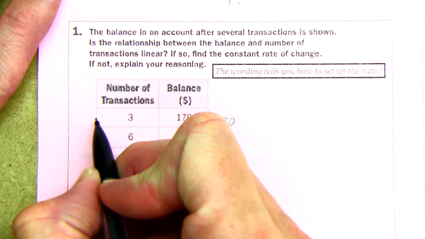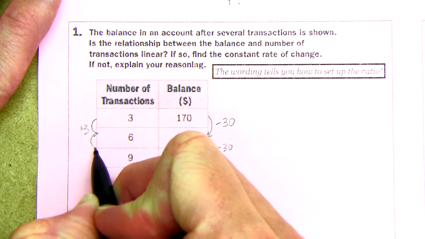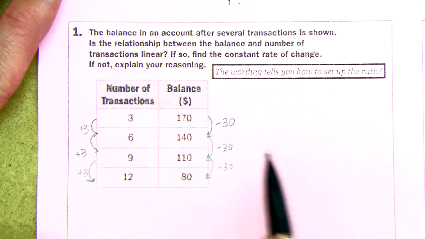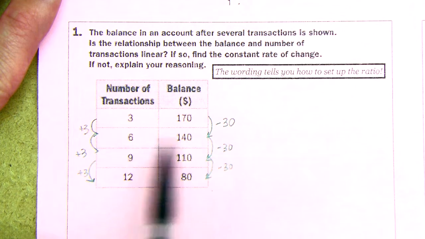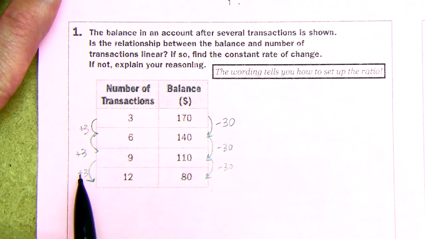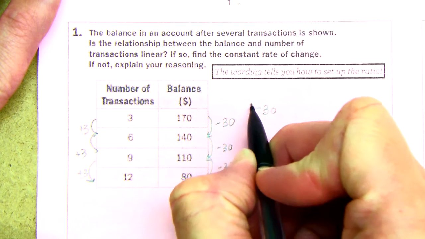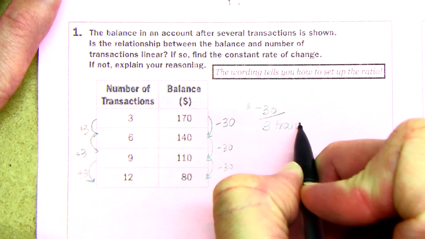That's the X, but it's going to go on the bottom. That's plus 3, plus 3, and plus 3. Is it a constant rate? Negative 30 over 3, negative 30 over 3, negative 30 over 3. Yes, it is. Every single one is negative $30 over 3 transactions.